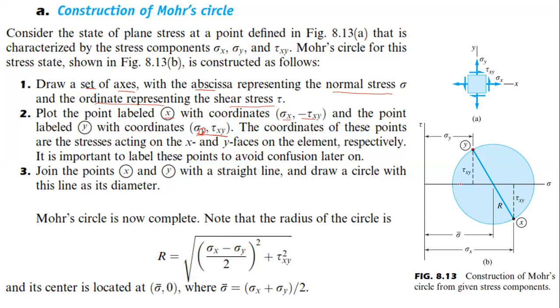Whereas in Mohr's circle, the vertical axis is tau, and the horizontal axis is the normal stresses, sigma y and sigma x.